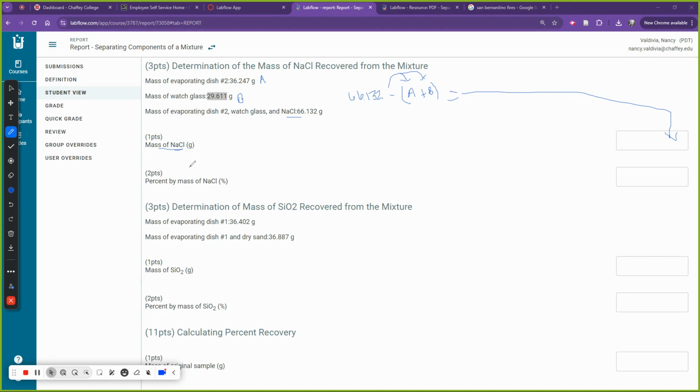How do we do the mass percent again? What did we do for mass percent? What goes on top? What would you normally put on top? Do you remember what I said helps me remember?